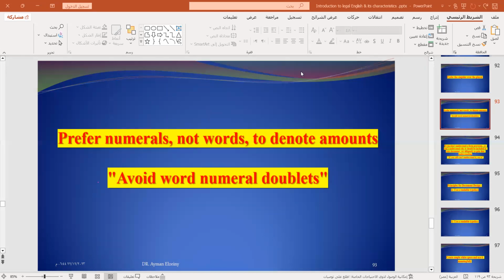The third exception is for percentages: you have to use numerals with the percent sign. For example, when we want to write 9%, 57%, you may use numerals with the percent sign. The fourth exception: spell out a number that begins a sentence.